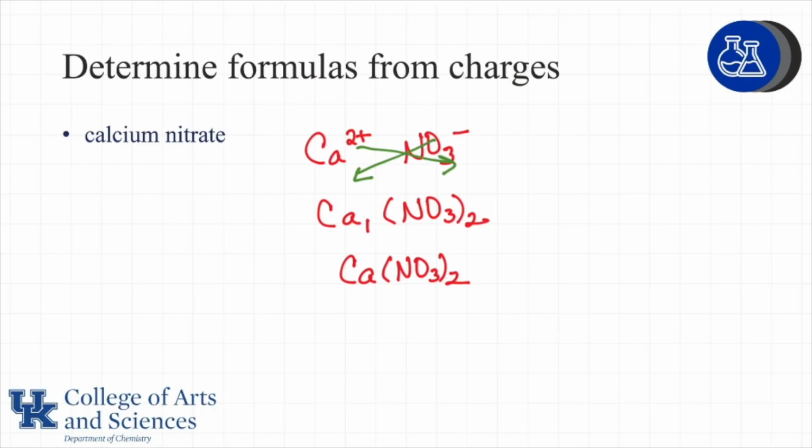Notice that we did not change the formula of the NO3. It stayed exactly as it was, and we simply put in parentheses and put a 2 outside the parentheses to indicate that we have 2 of the NO3 or nitrate groups. Just like with our monatomic ions, we need this to be a neutral compound. We have one 2+ charge with the calcium, two -1 charges with the nitrate, and those sum to 0.